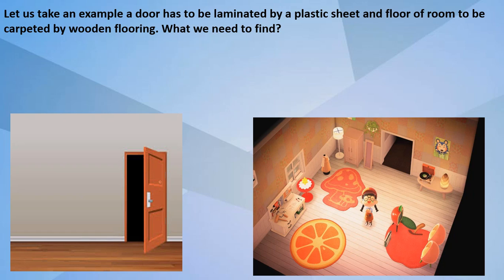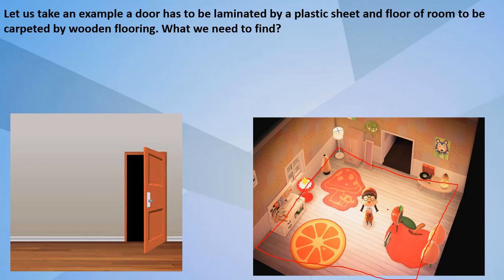Yes, we need to find the portion of the door, that is the total portion of the door inside this boundary, or here in this room, the total length and breadth of this room.